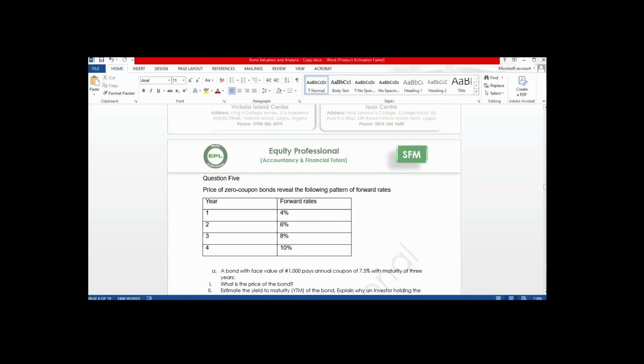So now we shall look at question 5. Please check page 102 of your study pack. Let us look at how to use forward rates to value bond.